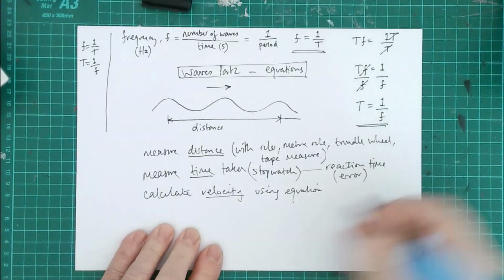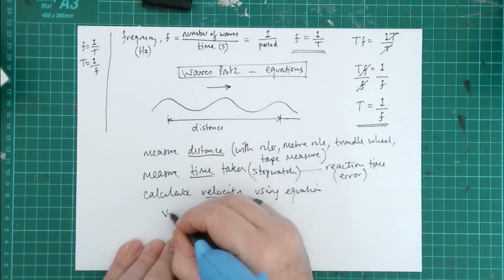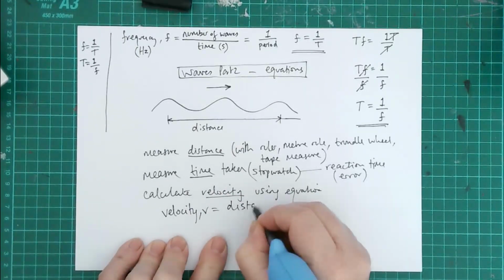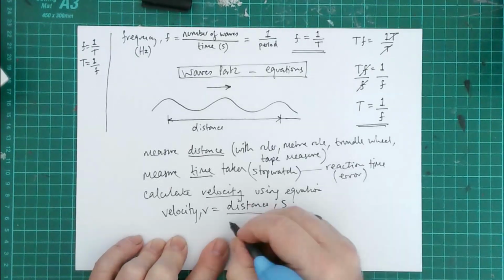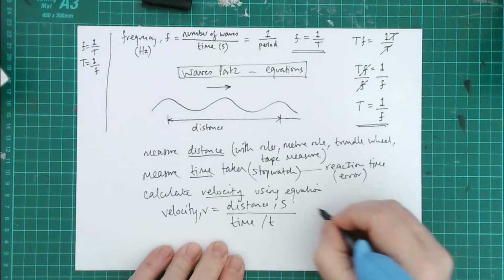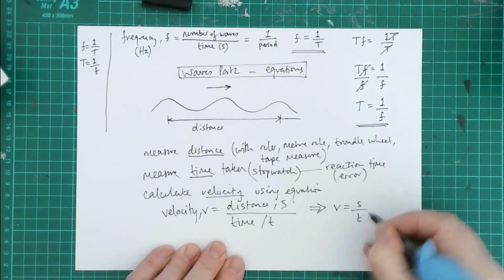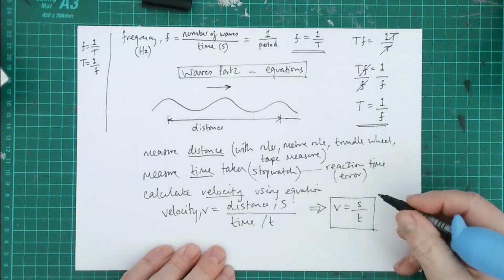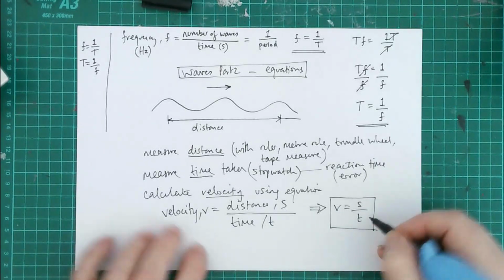Okay, velocity v equals distance, and the letter for distance is s, divided by time, and the letter for that is t. So in short form I can rewrite this as v equals s over t, and I expect you to be quite familiar with velocity equals distance divided by time, or displacement divided by time.